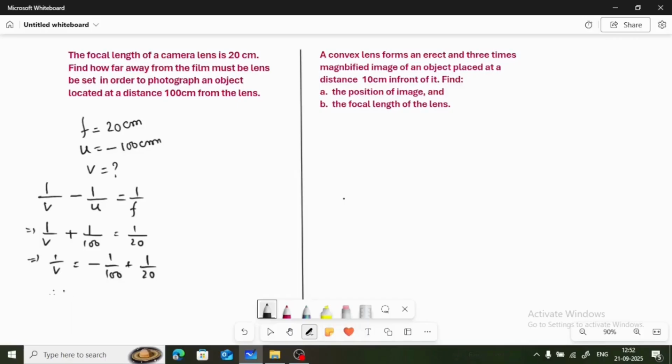From here you get the value v equal to 25 cm. You get v equal to plus 25 cm. That means v is positive, so the image is real.